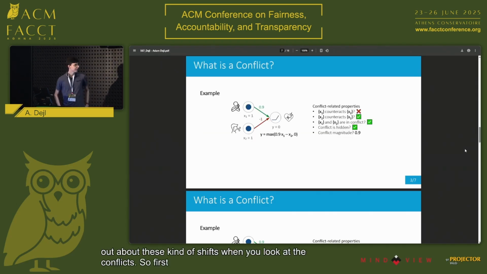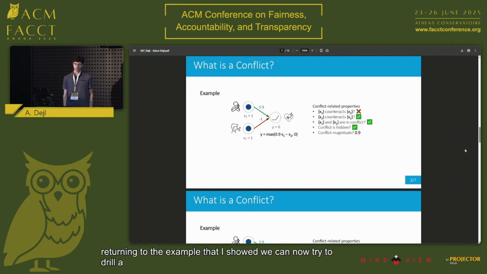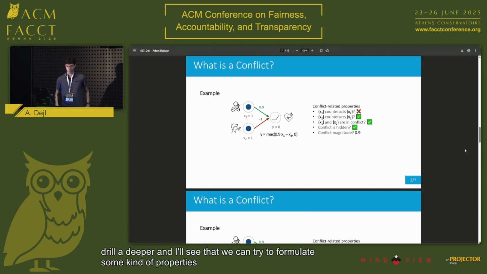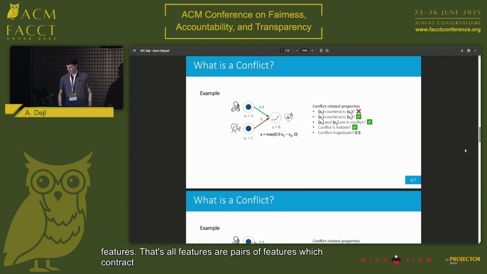So first I'll start with what is actually a conflict. So returning to the example that I showed, we can now try to drill a bit deeper and see whether we can try to formulate some kind of properties associated with conflicts. And first we can have a look at whether we can identify sets of features or pairs of features which counteract each other.